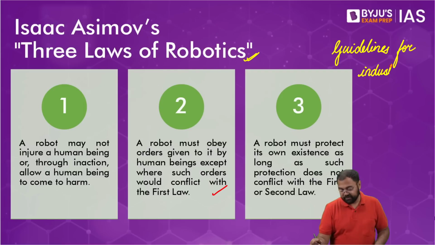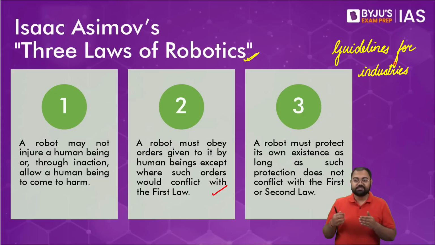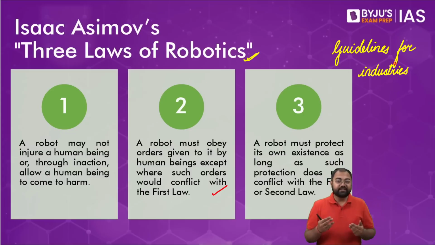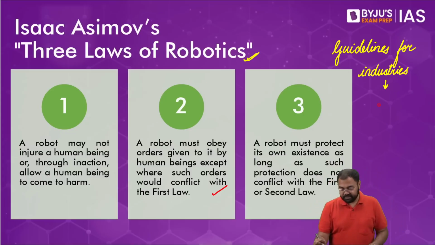Now these guidelines became very important and very popular as well, because that was something the manufacturers or even the programmers were following. Programmers will make sure that they follow all these three laws, so that they can ensure the safety of robots.